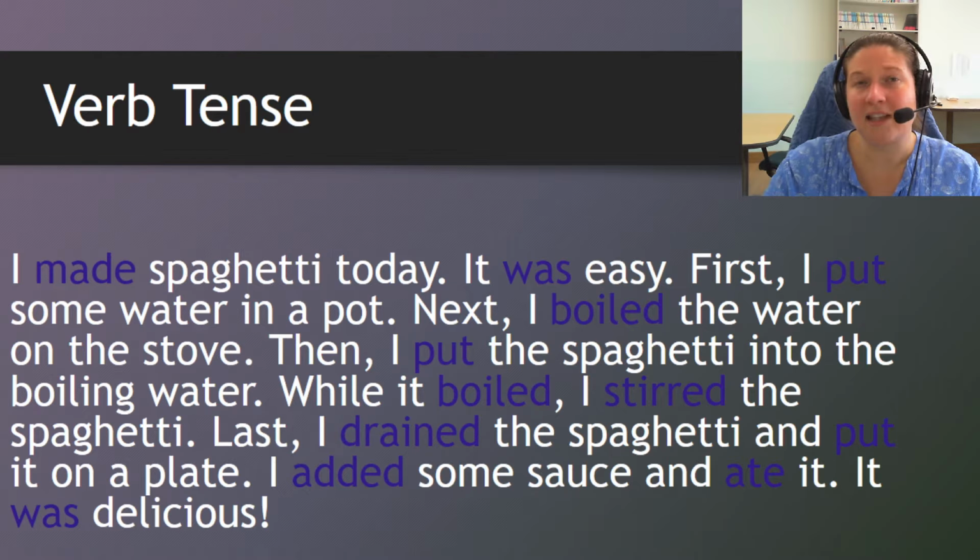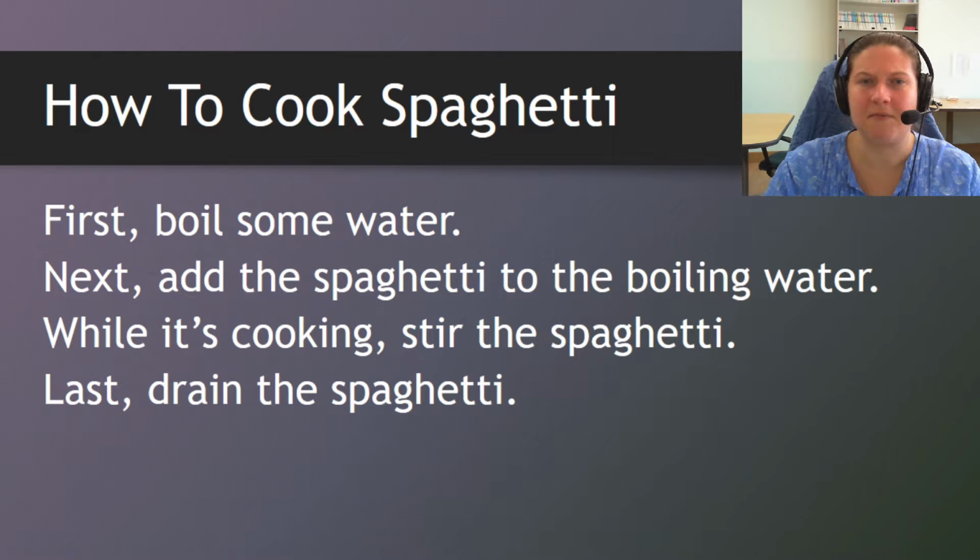And next I have a little bit different example. This is more of a recipe format. You might see this more if you look at just a recipe that doesn't have an associated story. And it's a little bit simpler. You can see it's shorter. And it's just titled How to Cook Spaghetti. All those how-to situations. First, boil some water.